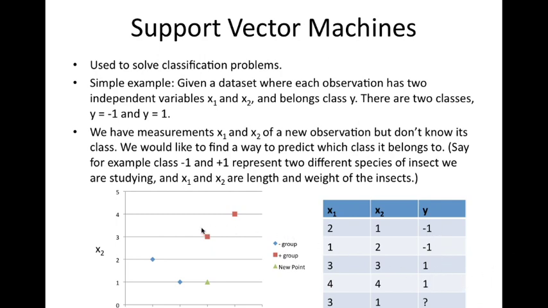So here for this simple example, we have these known -1 points, these known +1 points. We want to know if we get a point here, should we think it would be -1 or +1? These could be anything depending on our application, what the meaning of the classes are and the x variables.